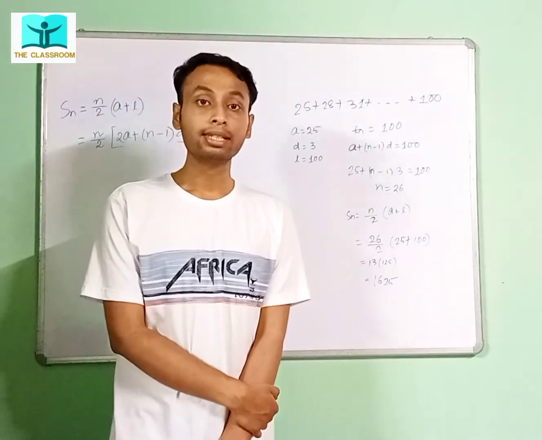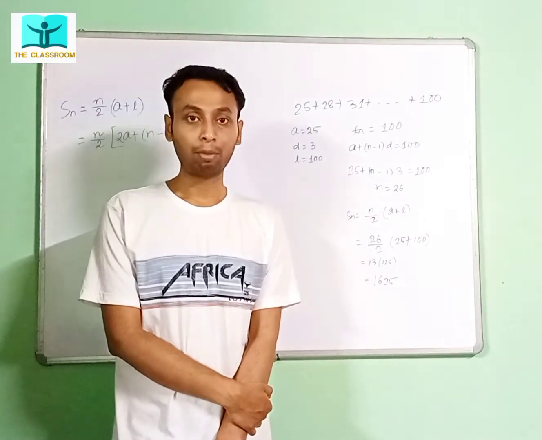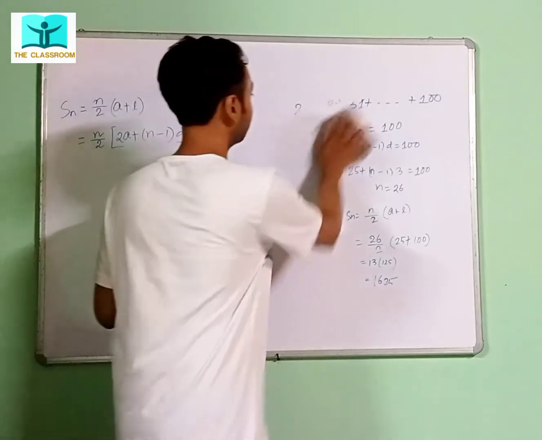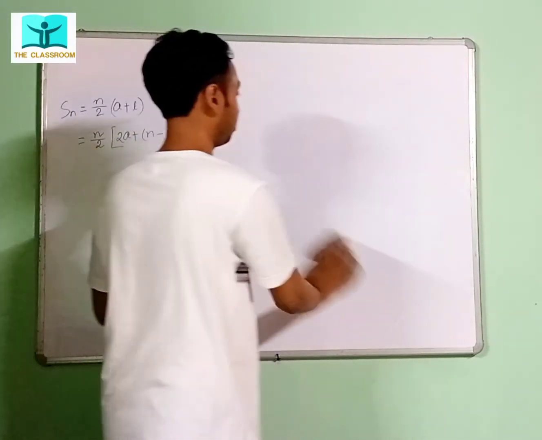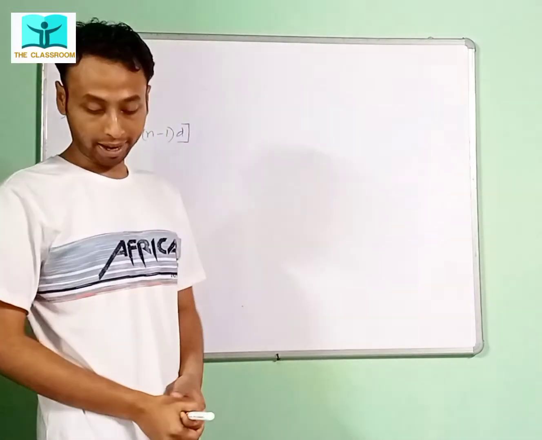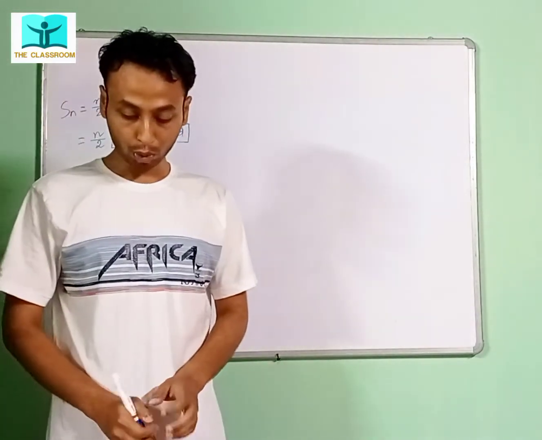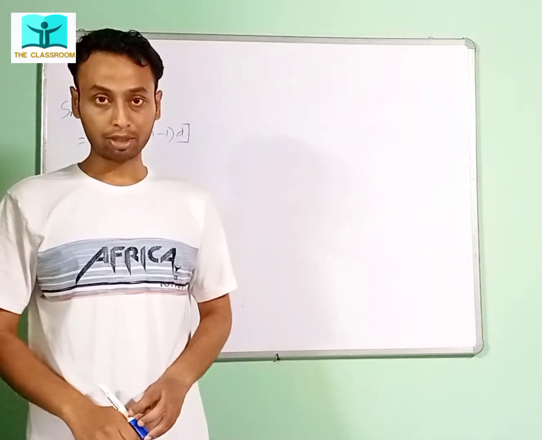Let's go to the second problem of arithmetic progression related to sum of n terms. The second problem: find the sum of the first 21 terms of the AP whose second term is 8 and fourth term is 14.